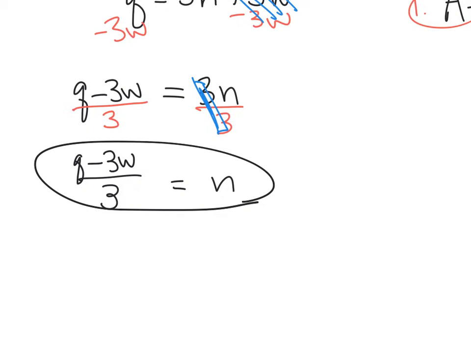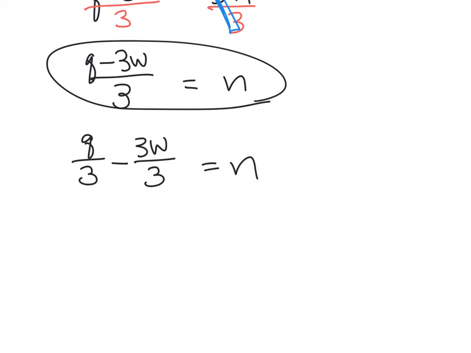But I believe if you want, you could separate this into 2 sections. It could be Q divided by 3 minus 3W over 3. And you could keep going here. 3 divided by 3 is 1.